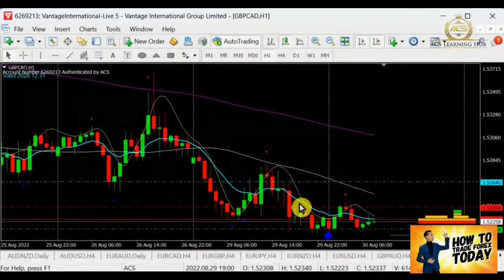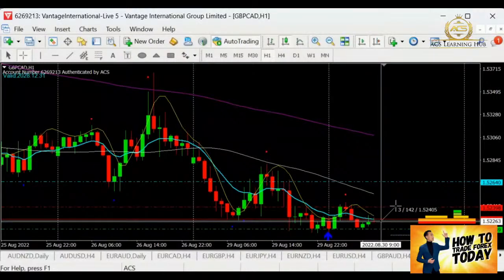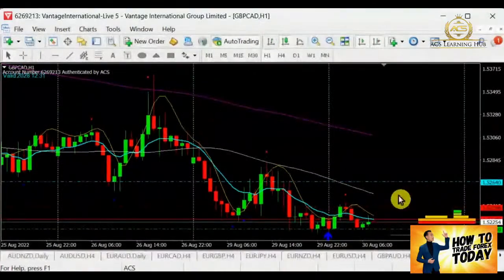In that case, I would suggest we give this a miss. It seems like it will either go up to test the resistance or come down to break the support. We are stuck in the middle, so I'm going to skip this.